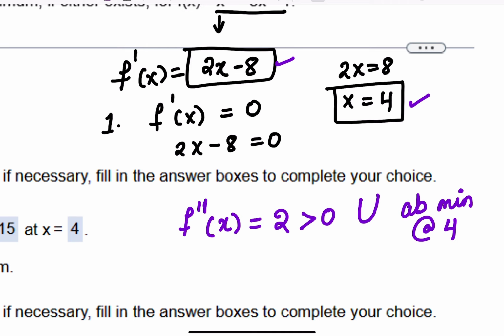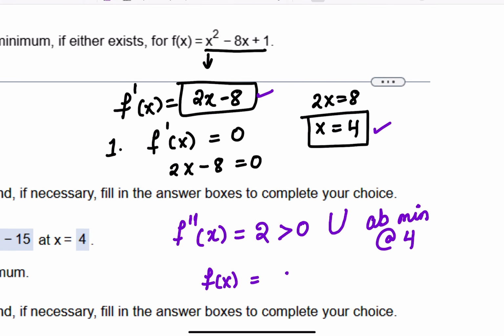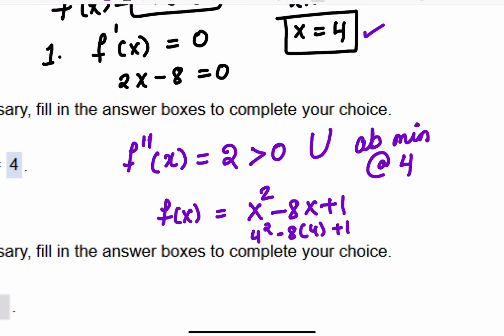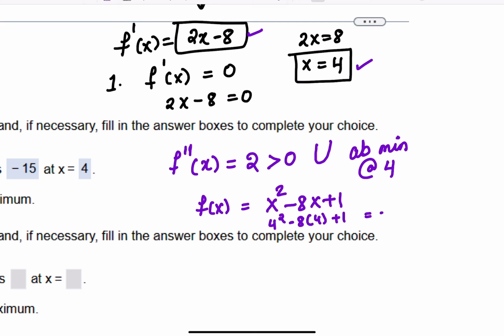All I have to do is take this 4 and plug it into the function, which is x squared minus 8x plus 1. So I take 4 squared minus 8 times 4 plus 1, which gives me negative 15.